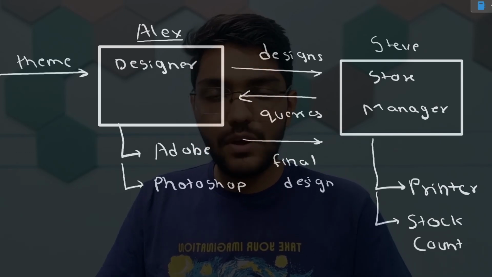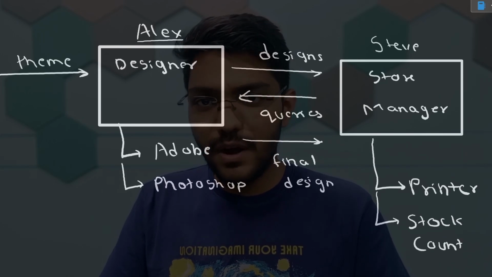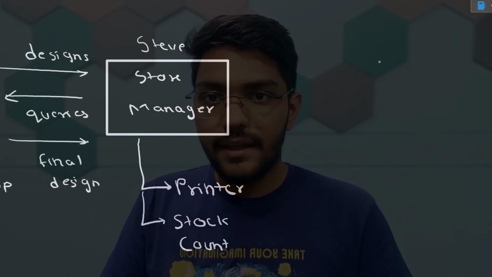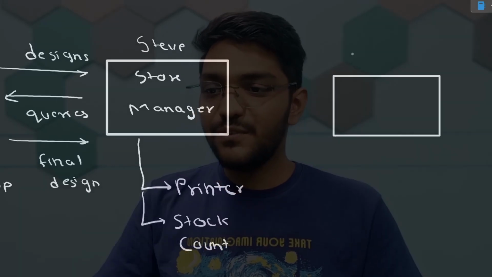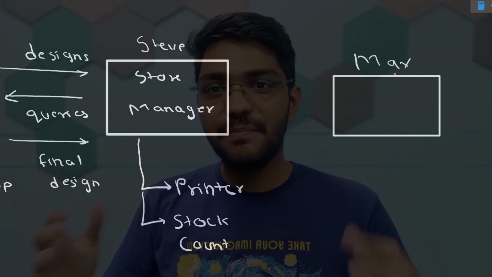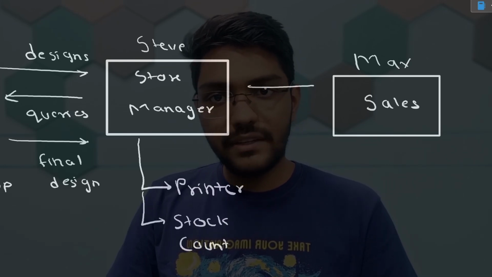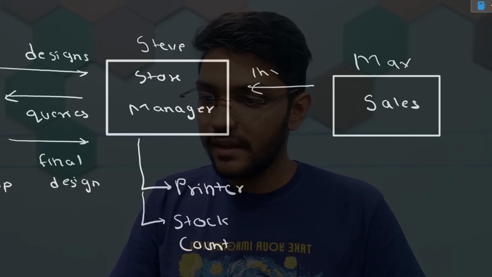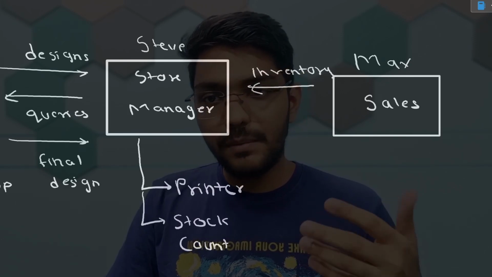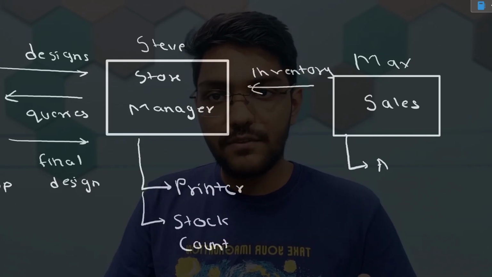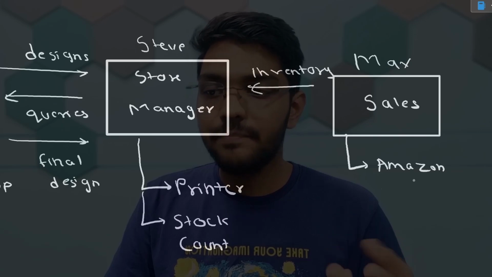Now that we have the product ready, the most important part of this business is still pending. That is sales. So for that, we have our sales god, meet Mr. Max. Max would contact Steve to get the inventory details for each product and then lists the available products on various e-commerce platforms like Amazon, Flipkart.